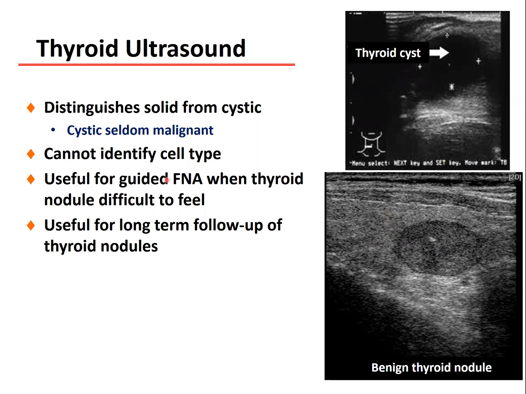It's very useful when we use fine needle aspiration, because you can direct the needle to the mass that you want to take the samples from. And this ultrasound can be very useful to follow thyroid nodule changes, whether they increase or decrease, and how the mass will change in time.